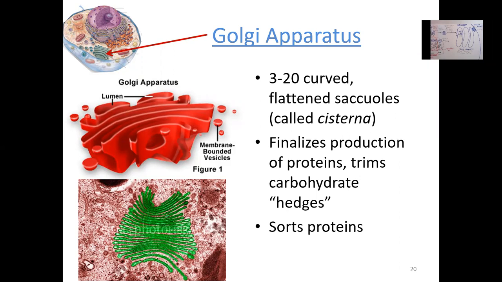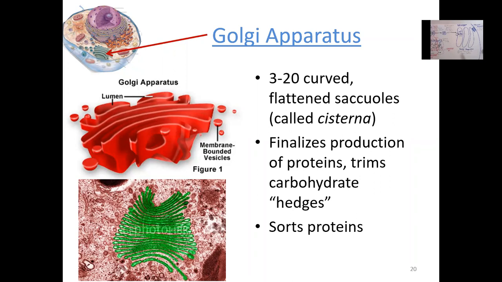Finally, once the protein has been joined together with other proteins and the carbs have been trimmed, the Golgi apparatus is going to, once again, package up these proteins and take them to their final destination. Maybe in high school biology you learned that the Golgi is essentially like the post office or FedEx for the cell.